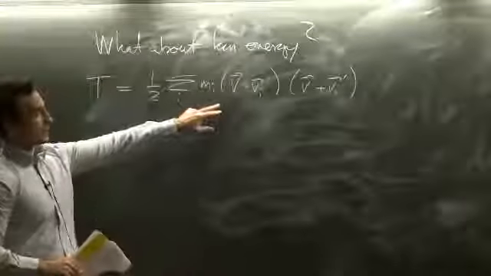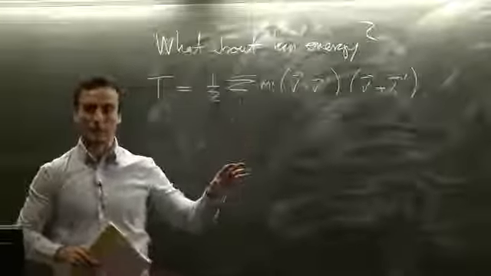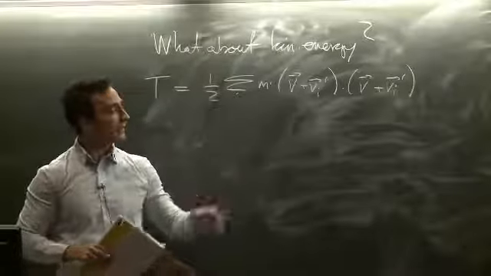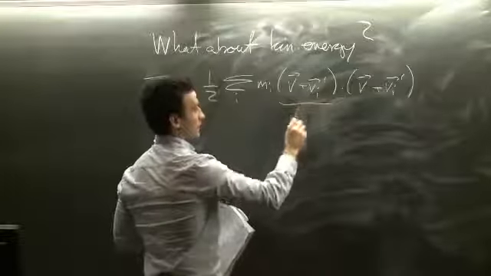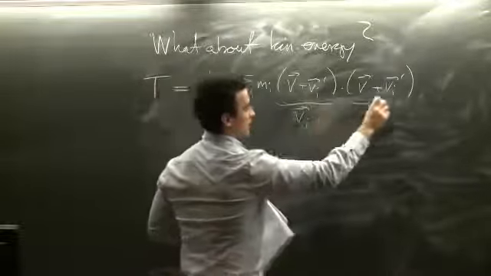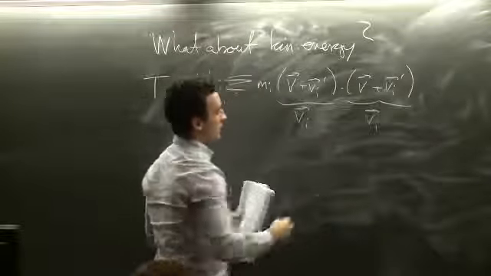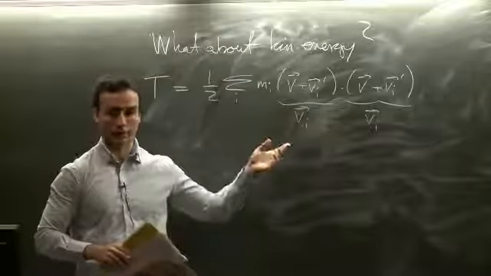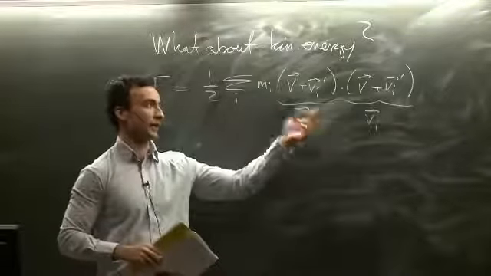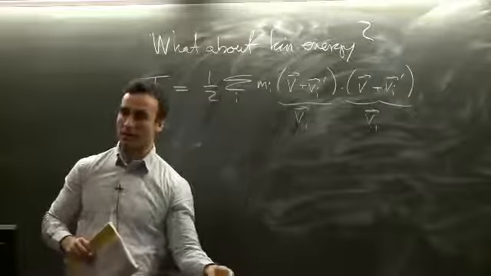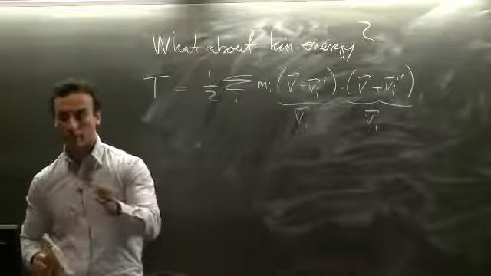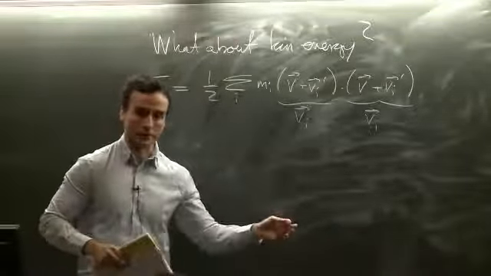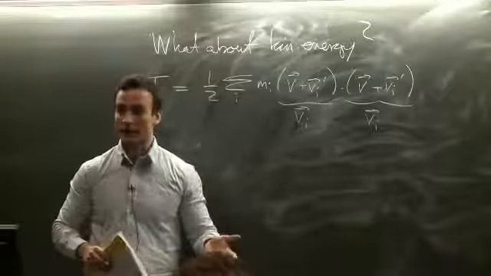So again, I use this definition of the relative velocity vector. What really enters here are the velocities of particle i, v_i. But I rewrite this in terms of the center of mass velocity and the relative velocity of particle i with respect to the center of mass, just as we did for the angular momentum.